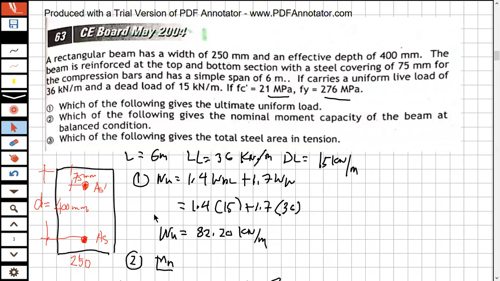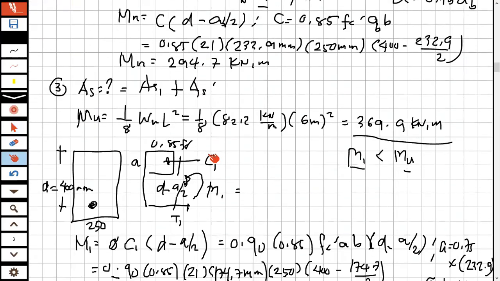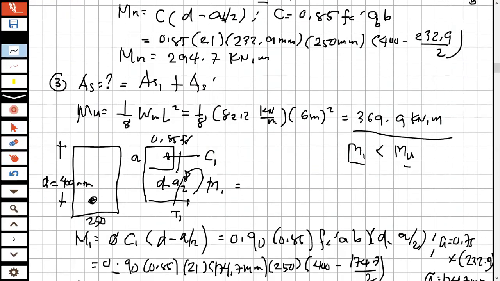So we'll add. Okay. So from here, we can add. We'll put here AS prime. Okay? So this one is here now. Ito na yung C2 and then ito naman yung T2.